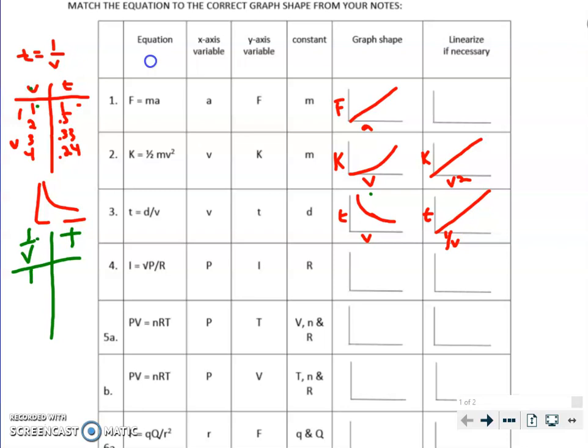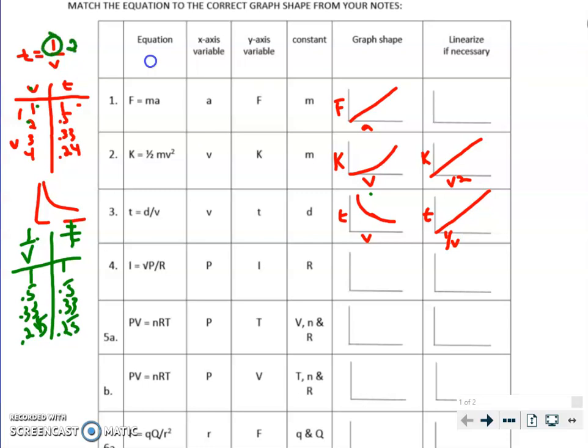Then my second v was 2, so now it's 1 over 2, which is 0.5. Then 1 over 3, which is 0.33. And then 1 over 4, which is 0.25. And my t values, I'm still plotting the same t as before. So that's 1, 0.5, 0.33, 0.25. And sure enough, that's going to give me a straight line with a slope of 1.